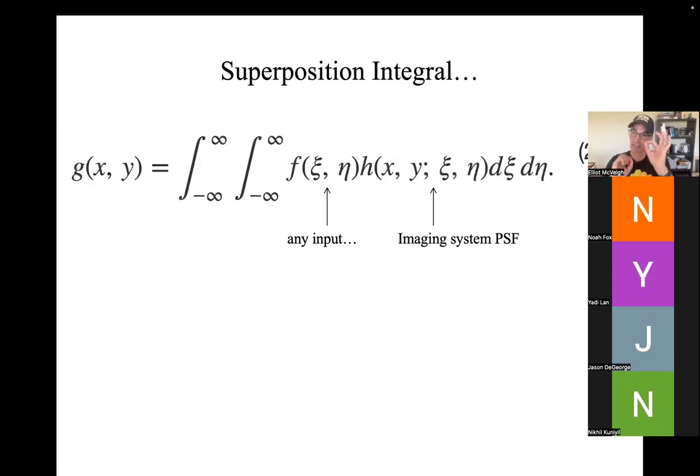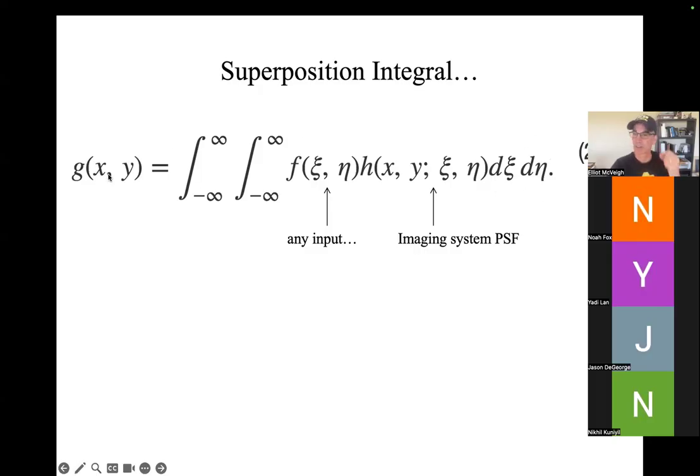I know what it is at X and Y 0, and I perform this integration. It is my input, the entire thing, not just at the origin, but the entire thing multiplied by my impulse response over the entire space, and I integrate that over that whole space.